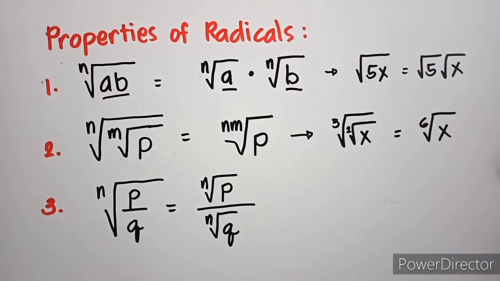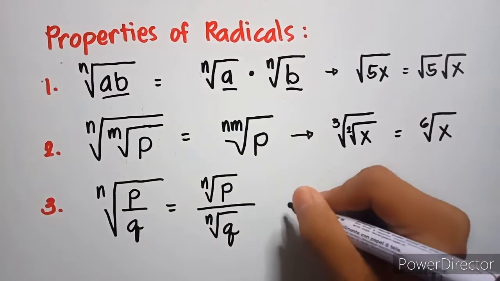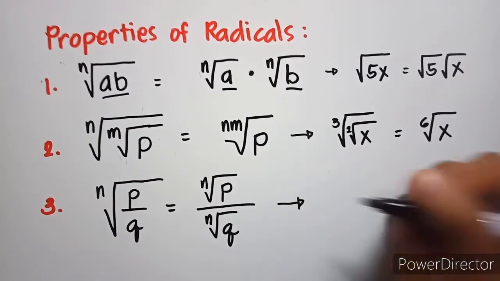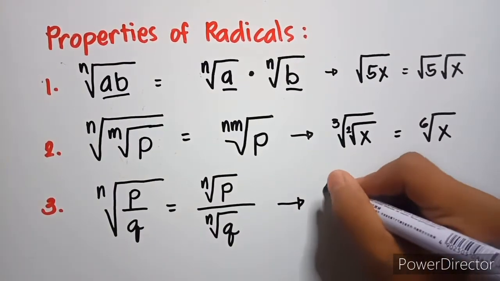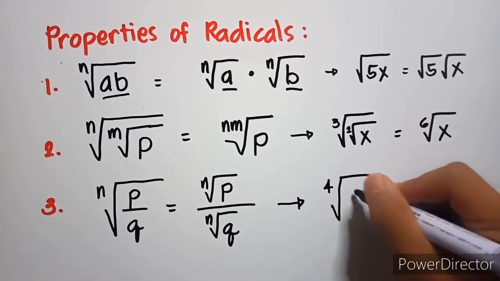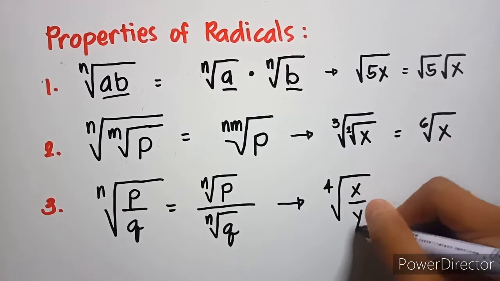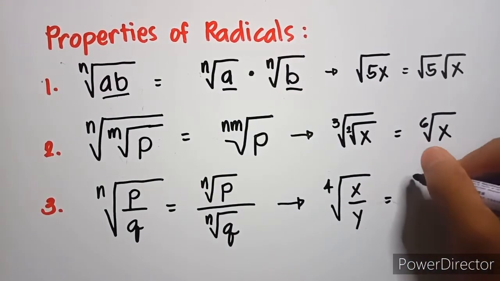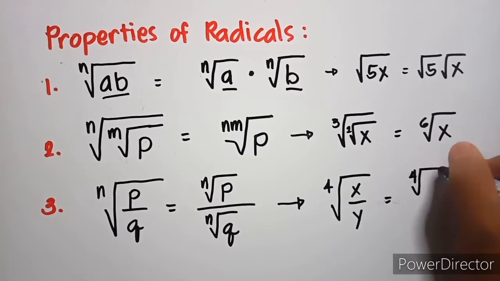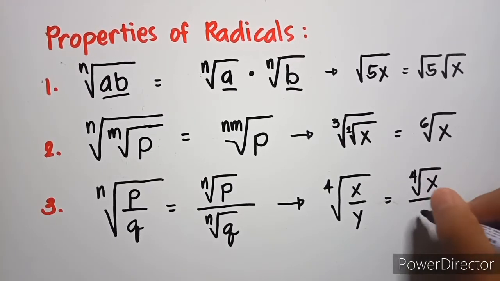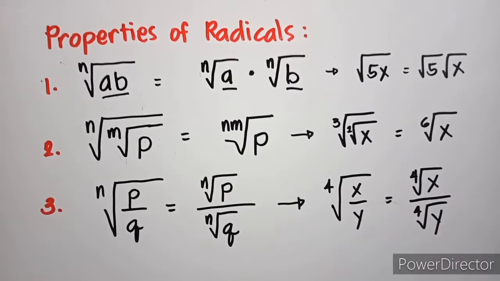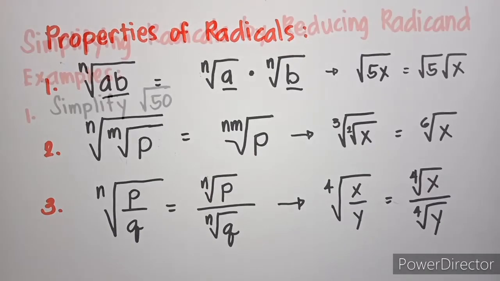So that is how the properties can be used in radicals. And for number 3, if we will have 4th root of x over y, this can be written as 4th root of x over 4th root of y. So this is how to use the properties of radicals.